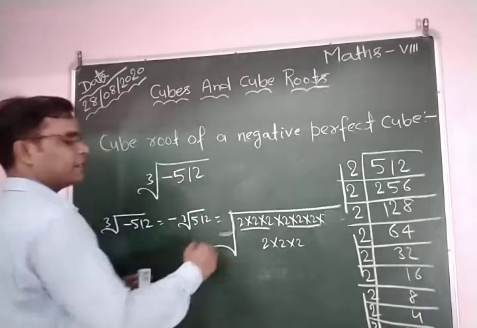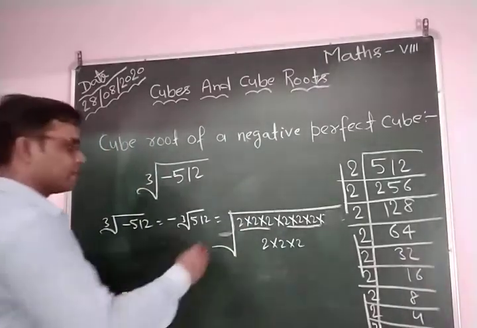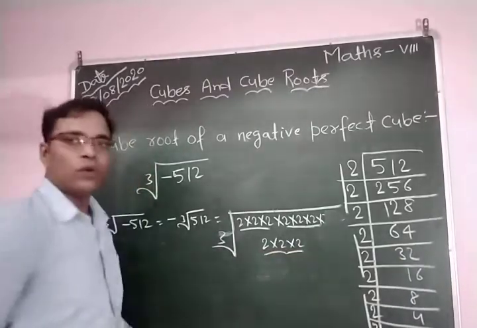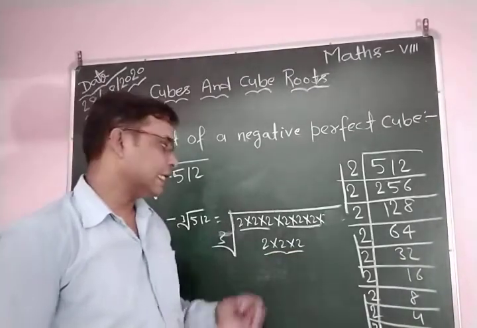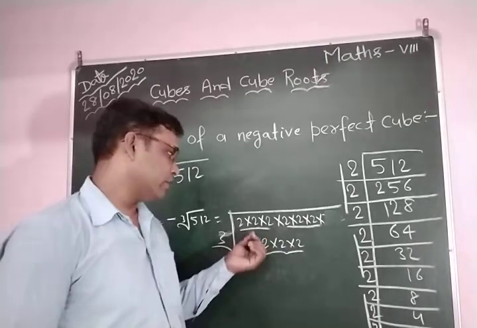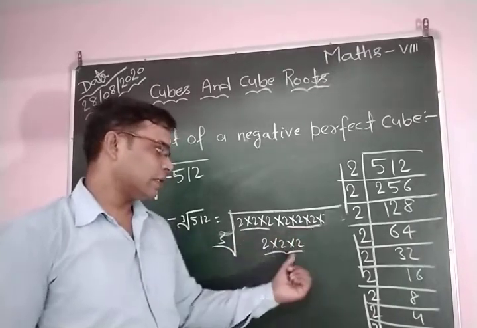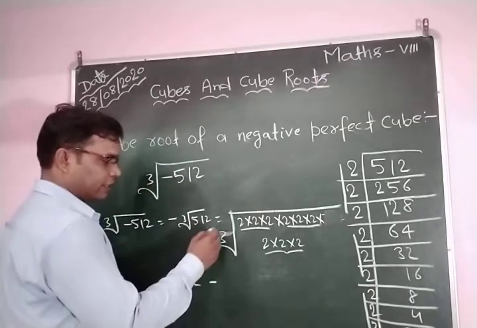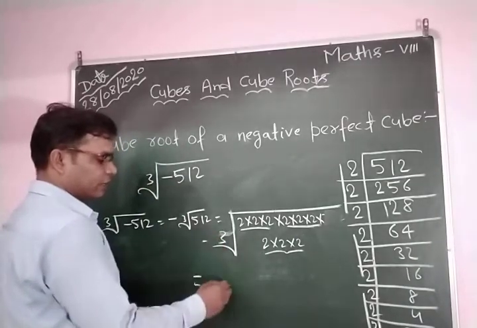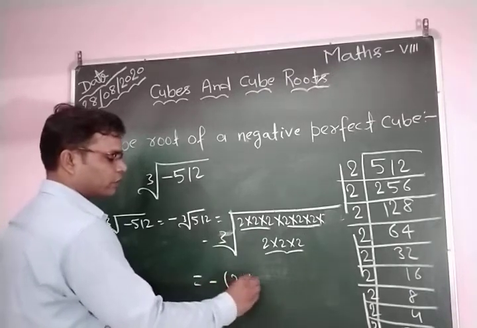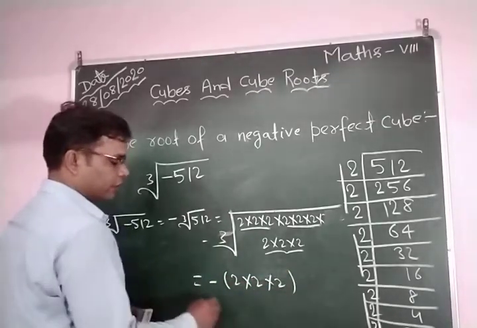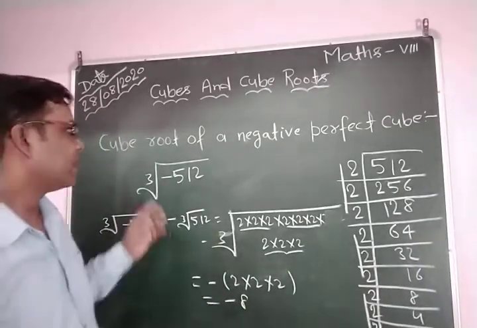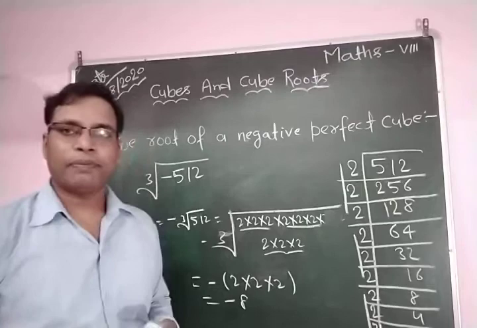All of these are in cube roots, so you can take one prime number from each group of triplets. Here we take one 2, from here one 2, and from here one 2, and the minus is already present. So this is minus 2 into 2 into 2, which is equal to minus 8.